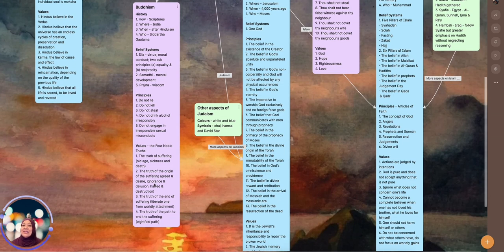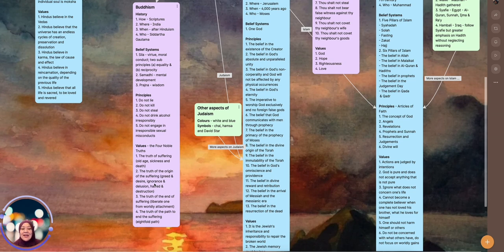Third, the belief in God's non-corporeality, and God will not be affected by any physical occurrences. Next, the belief in God's eternity. Number 5, the imperative to worship God exclusively and no foreign false gods.